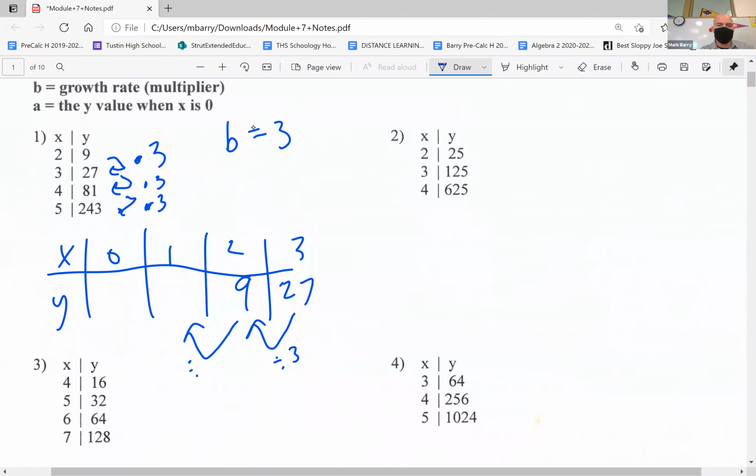So I could divide by 3 if I want to go backwards here. And then I could divide by 3 again. So I got when x is 0, y is 1. And so that tells me that a is 1.